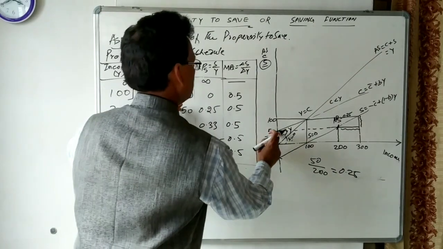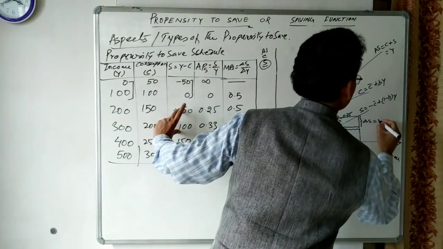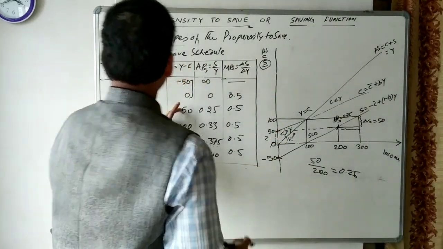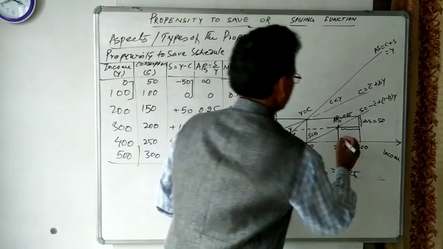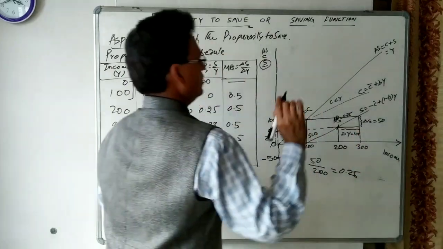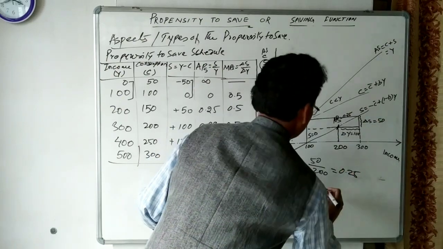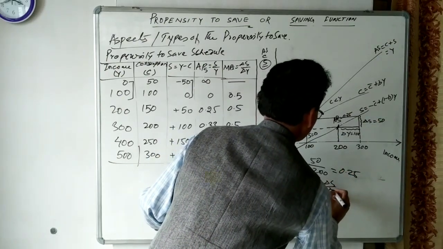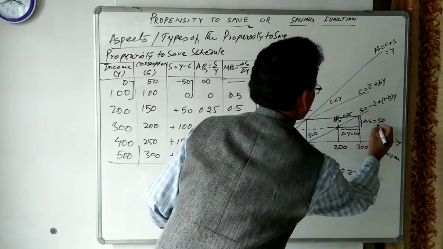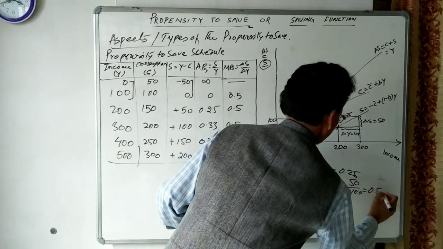This change in saving is 50, and this change in income is 100. So MPS is equal to change in saving divided by change in income. So 50 divided by 100 is 0.5.